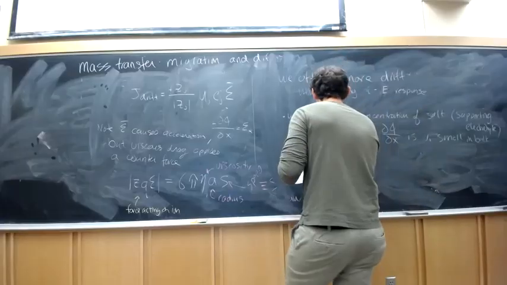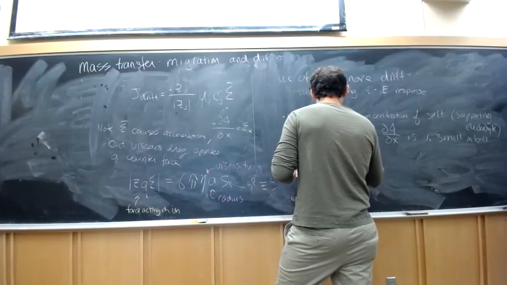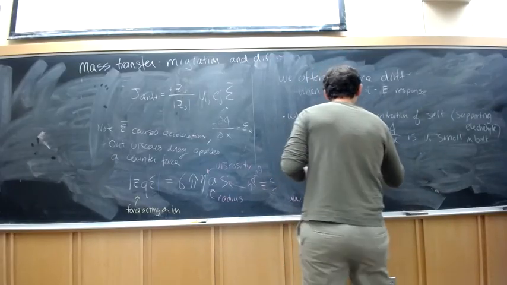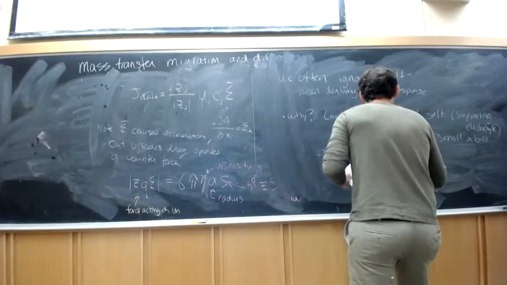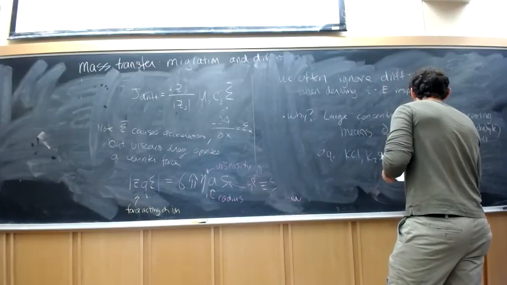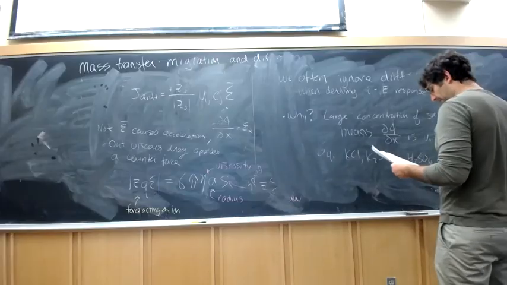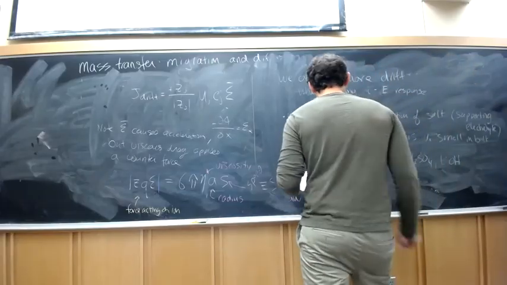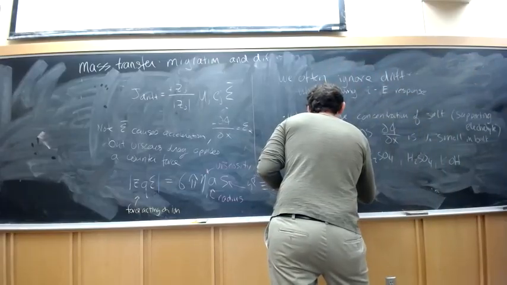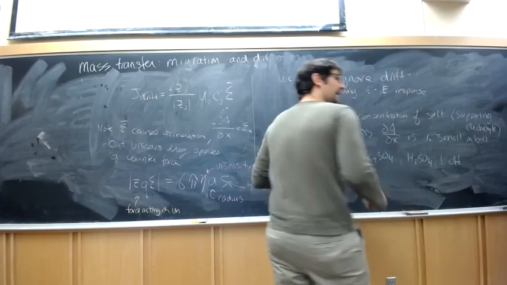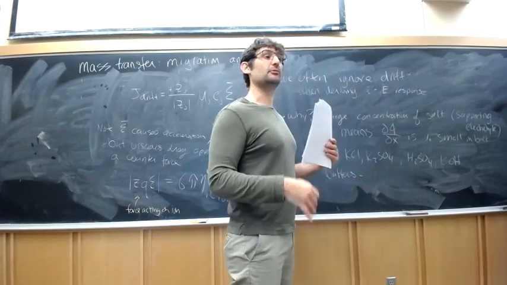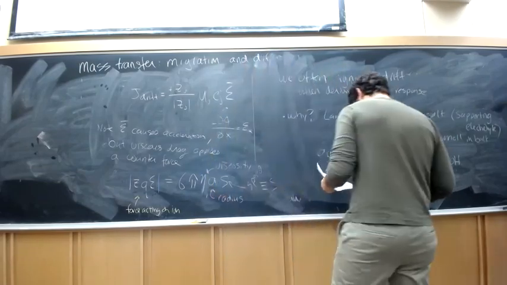And so, in aqueous systems, we often use KCl, K2SO4, H2SO4, KOH, right? All these typical relatively inert salts. We use buffers sometimes. If you want to work at a constant pH, if you have reactions that consume or generate protons, you probably want to do it in a buffered electrolyte.